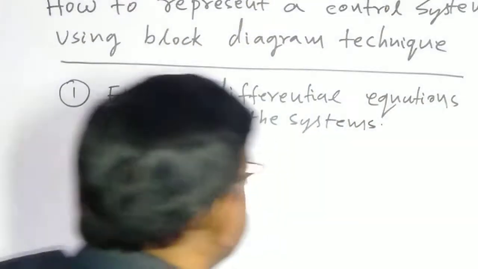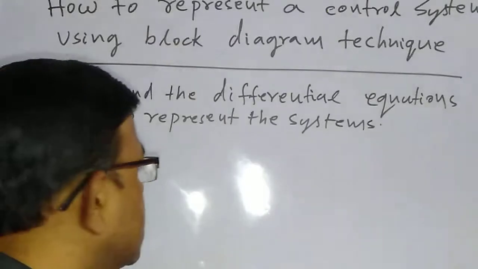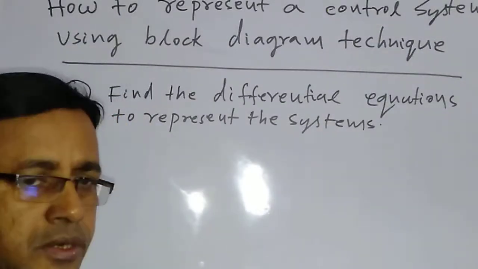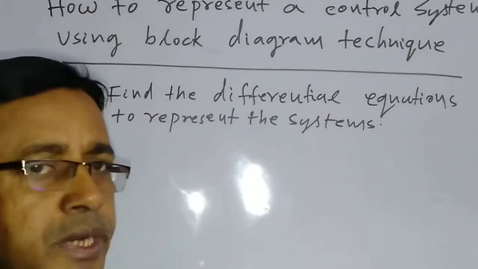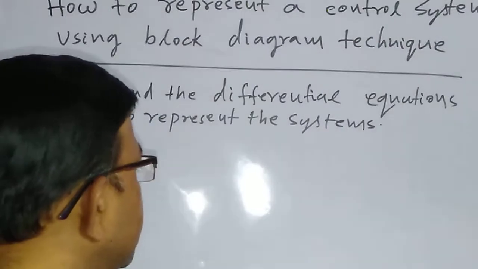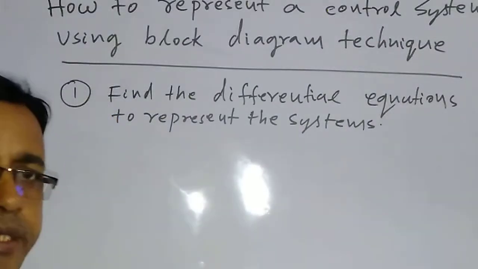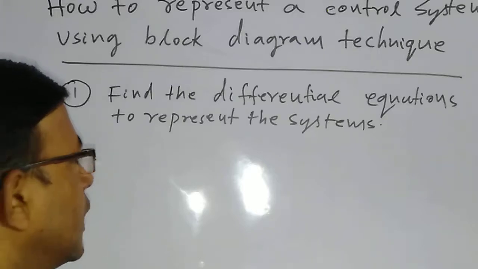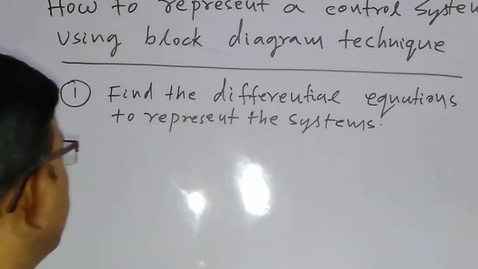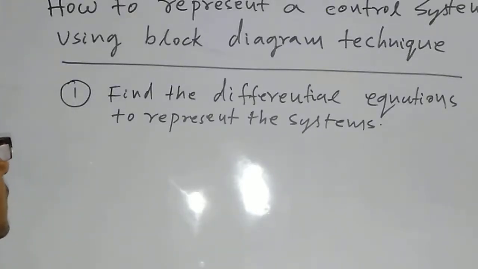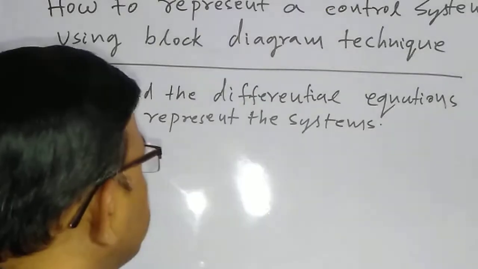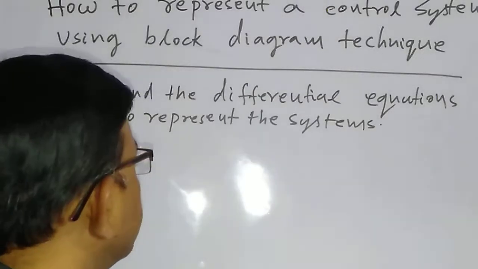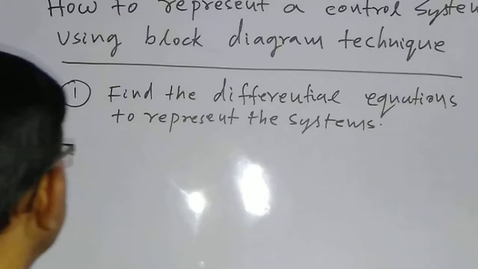So already I have discussed in my previous lecture, that each and every control system can be represented by differential equations, and so first step is to find the differential equations to represent the systems.